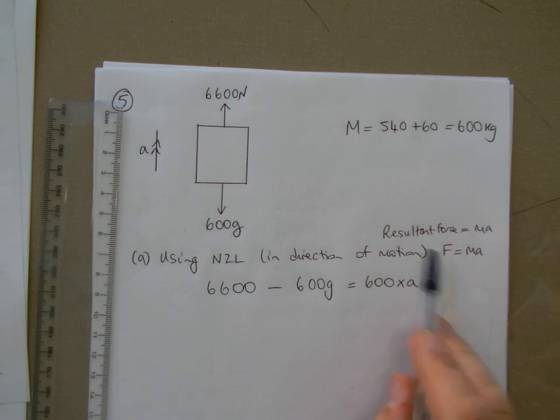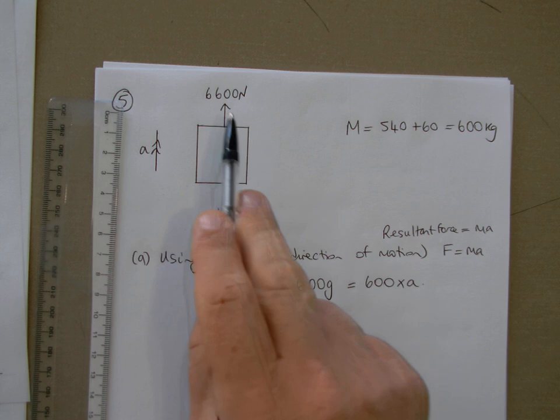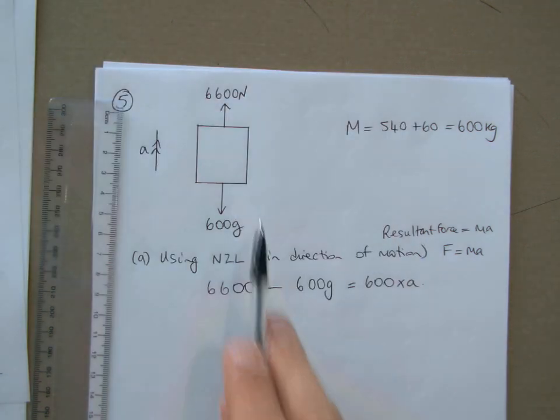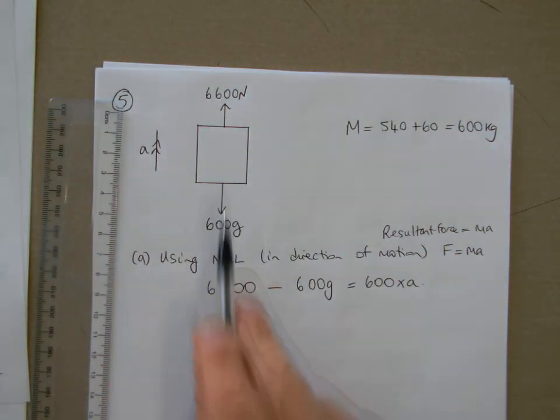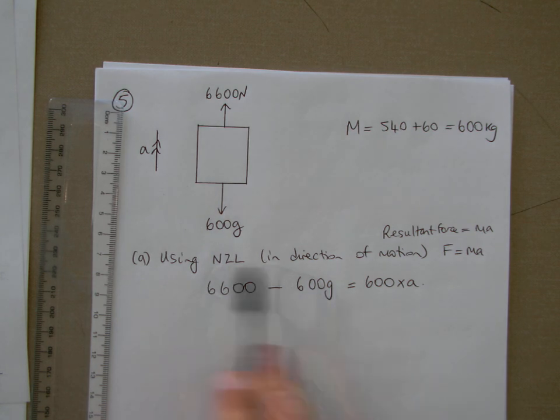The resultant force is the overall forces combined. We've got 6,600 pulling it up, but there's a resistance: the weight is pulling it down.